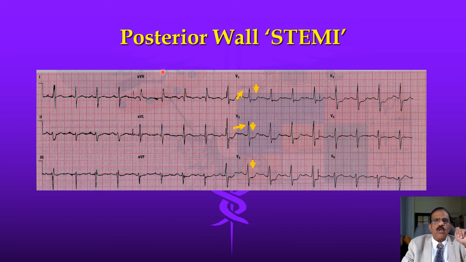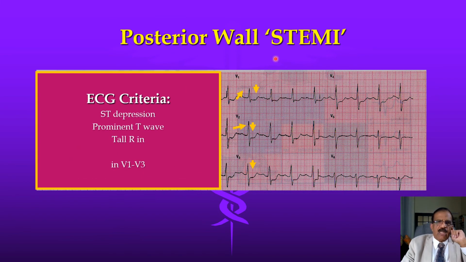So it would be called posterior wall STEMI. The criteria: ST depression and prominent T wave and tall R wave. These are just opposite to what we discussed earlier. ST depression instead of ST elevation, prominent T wave instead of T wave inversion, and tall R wave instead of a Q wave.